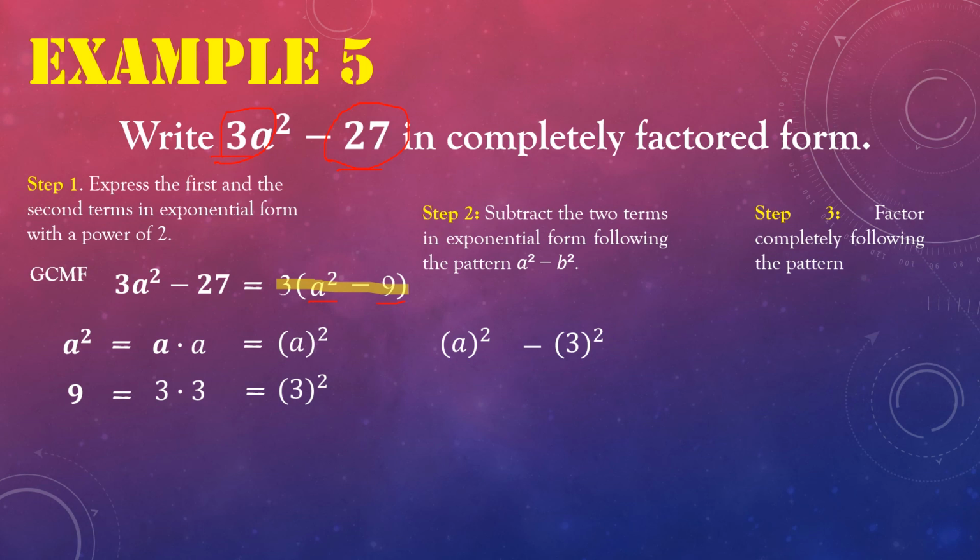Step 3, we are going to factor out completely following the pattern. But first, you need to copy our greatest common monomial factor, 3, and then identify the factors.